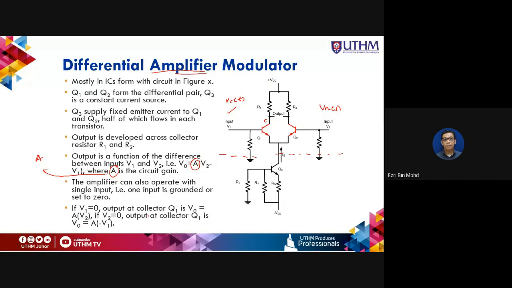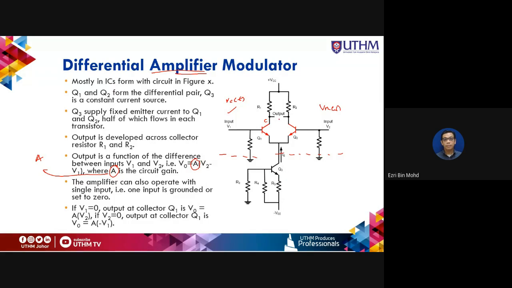Okay, mostly in IC form with the circuit in this figure lah. So kat IC tu dia terdiri daripada, consists of at least three transistors. So Q1, Q2 and Q3. So Q1 and Q2 form the differential pair, whereas Q3 is supplying a current source.